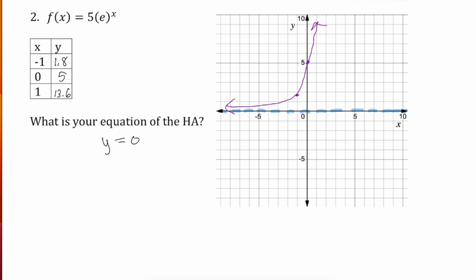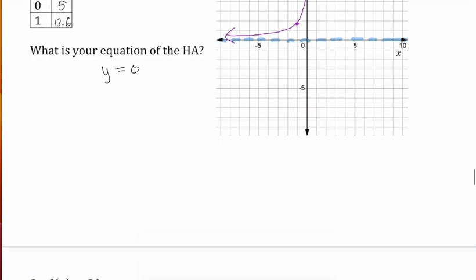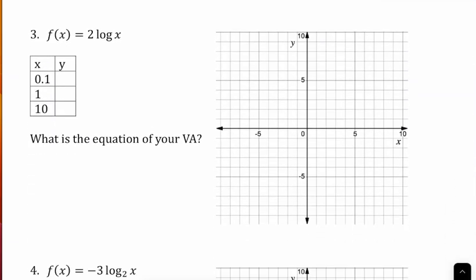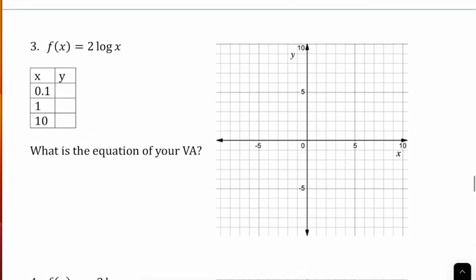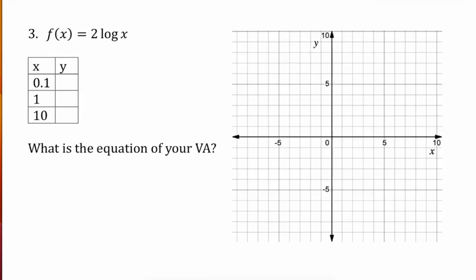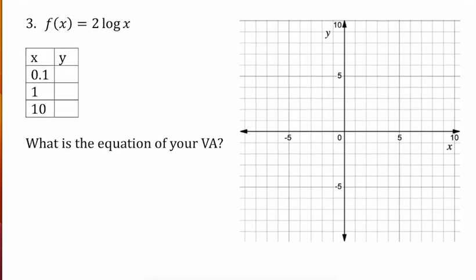Now, could we please do a logarithm together? Let's just do number 3, okay? For number 3, these are logarithmic equations which have a vertical asymptote at x equals 0.